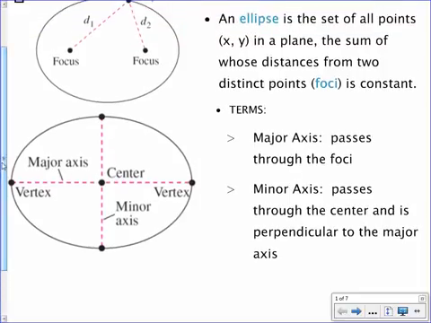When we go to actually draw these ellipses on graph paper, you're going to need to know the center, and everything's going to be based off that center. We're going to plot the foci, we're going to plot the vertices, and then I'll also have you plot these 2 points right here as well.